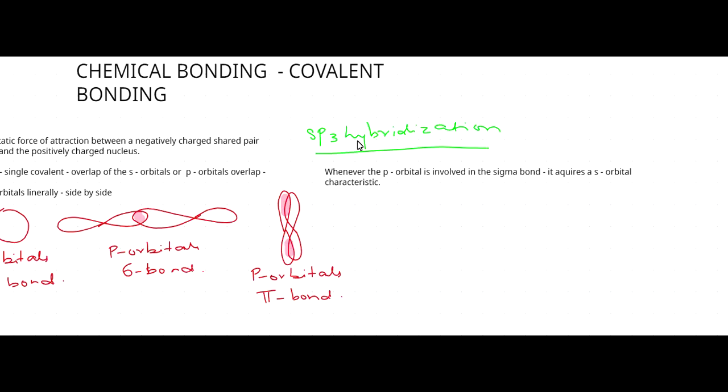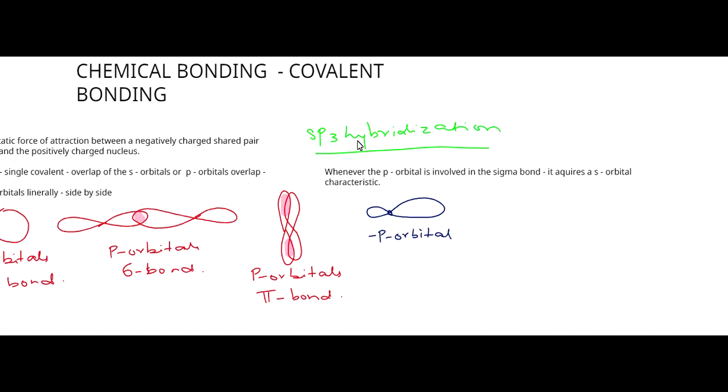So what is going to happen is that the p orbital of the carbon atom will modify to have an s orbital characteristic, meaning that it will change its shape slightly so that it becomes a bit closer to the s orbital. So over here you can see that one side of the p orbital has become much larger.